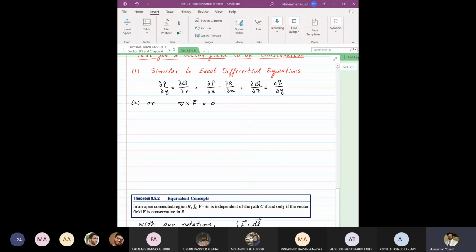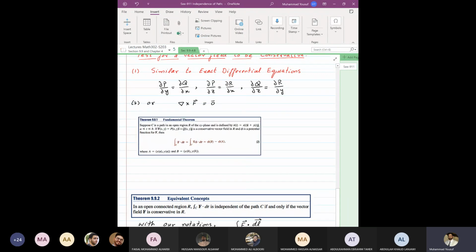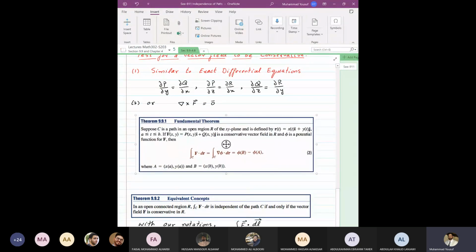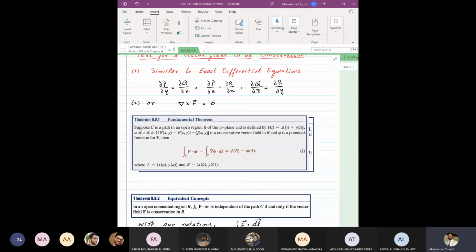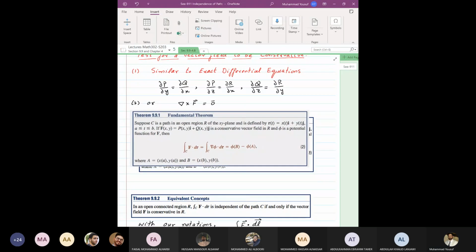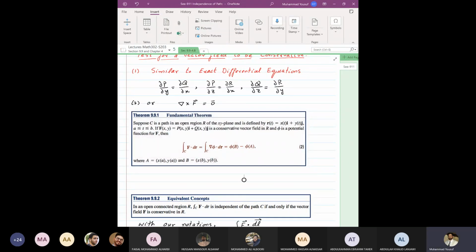Okay, so here is that theorem, 9.9.1. It says that suppose C is in an open region R in the XY plane or XYZ plane.